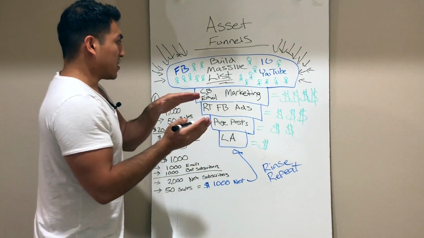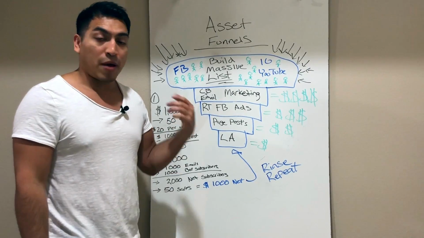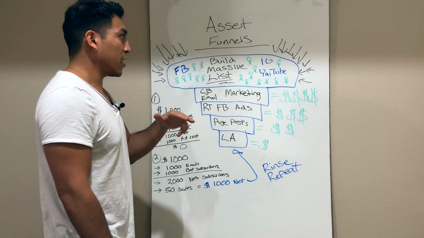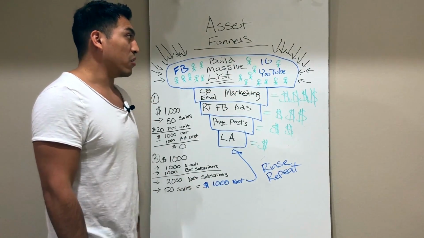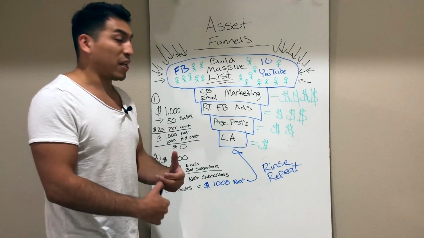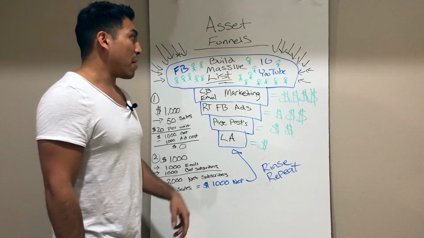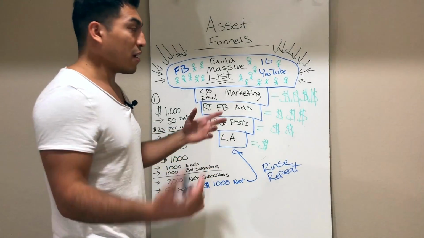So if you sell paleo protein and you're targeting on Facebook people who are paleo lovers, you're targeting on YouTube people who vlog about paleo or who do paleo recipes. If you're on Instagram, it's the same thing, the influencers all about the paleo diet or whatever.